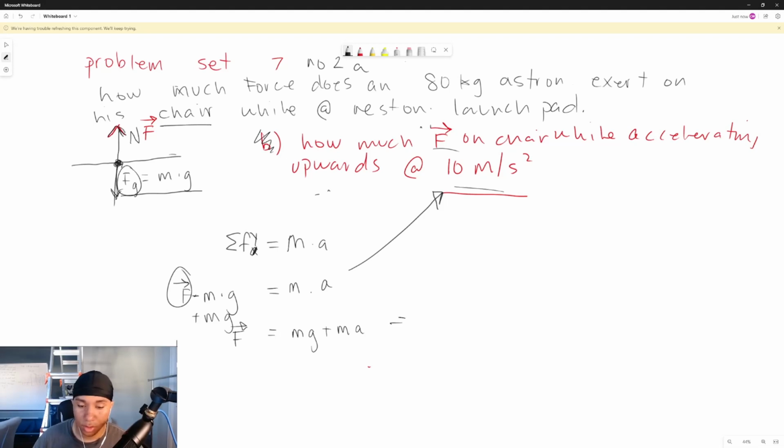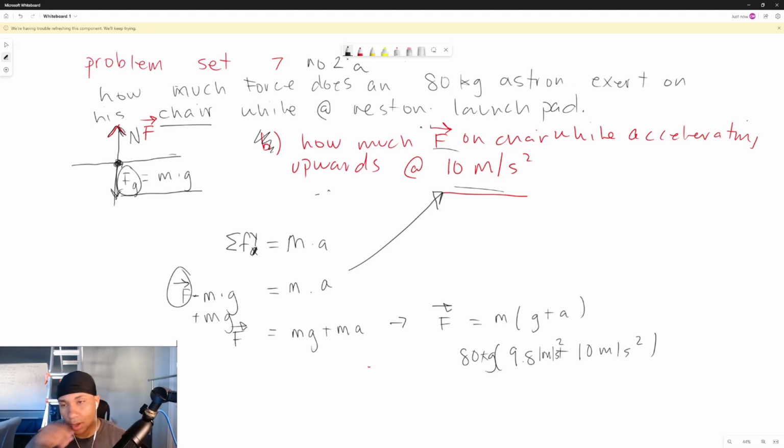To make this a little nicer, we can factor out, so F, or force, is equal to mass times g plus a. Gravity is 9.81, the acceleration we were given was 10 meters per second squared, and this is times his mass, which is 80 kilograms. I think this is 80 times 20, so something like 1600 newtons, right? You guys can correct me if I'm wrong, but this should be your answer.